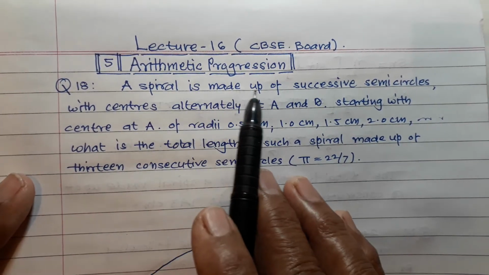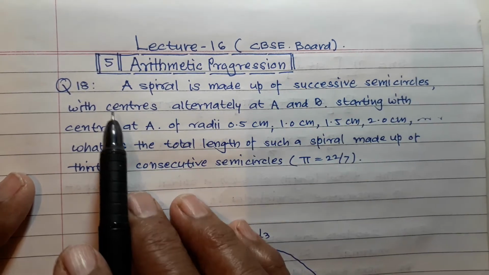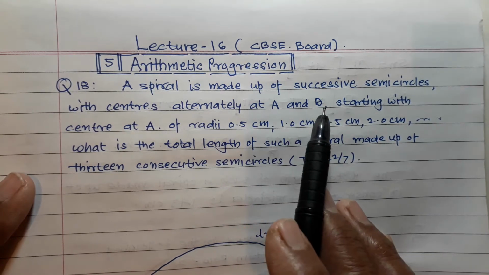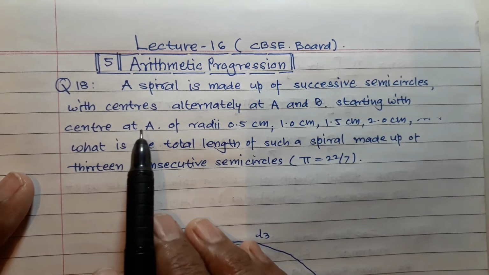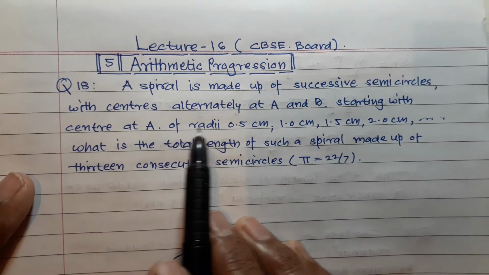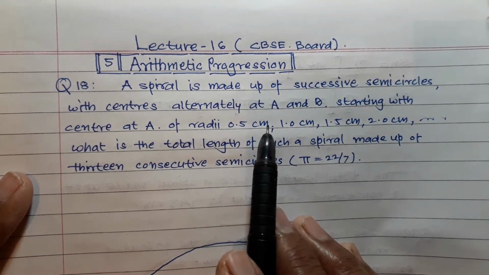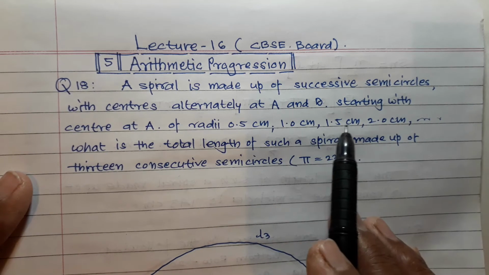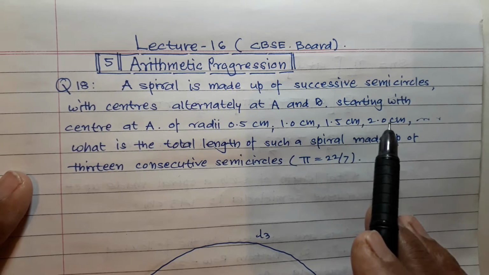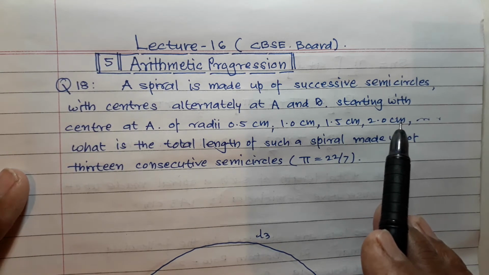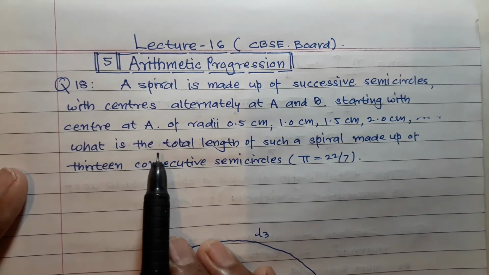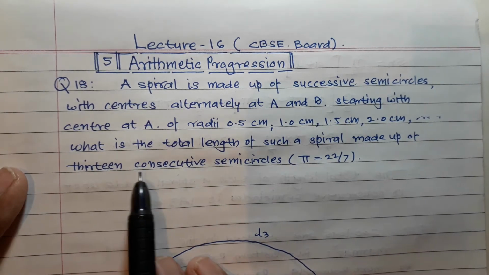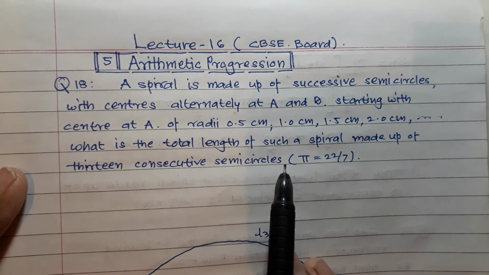A spiral is made up of successive semicircles with centers alternately at A and B, starting with center at A of radius 0.5 centimeter, 1.0 centimeter, 1.5 centimeter, 2.0 centimeter, and so on. What is the total length of such a spiral made up of 13 consecutive semicircles?